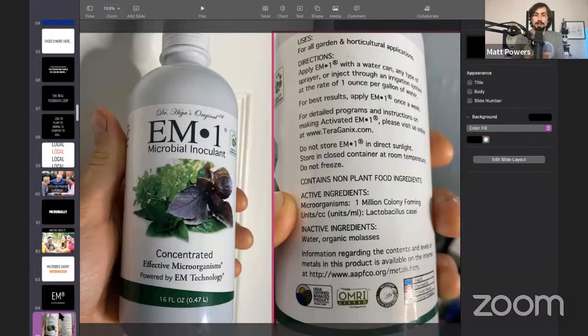There's an argument that it has what the EM1 Pro has, which is the Rhodopseudomonas palustris, which is the purple non-sulfur bacteria, as well as the Streptomyces, as well as the yeast, the cerevisiae yeast. Those aren't guaranteed on this. It's important to remember that. I've tested this EM1, this bottle I'm holding, and it didn't have any Rhodopseudomonas palustris.